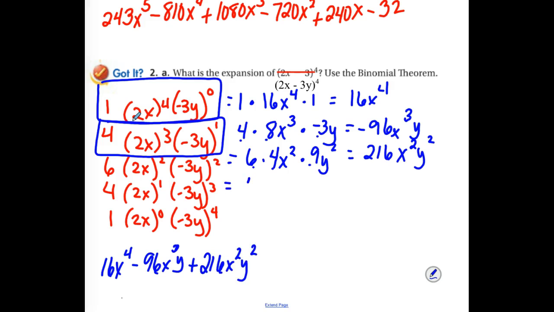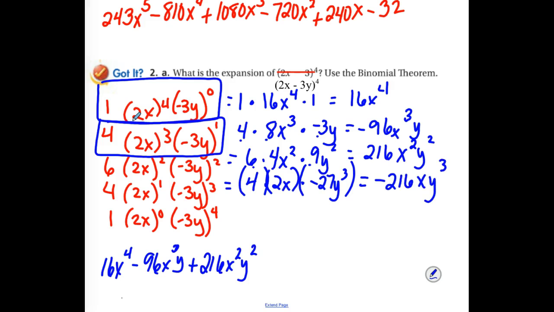Next row, 4 times 2x to the 1st. Negative 3y cubed becomes negative 27y cubed. Again, we are multiplying all of these things together. We should get negative 216xy cubed.